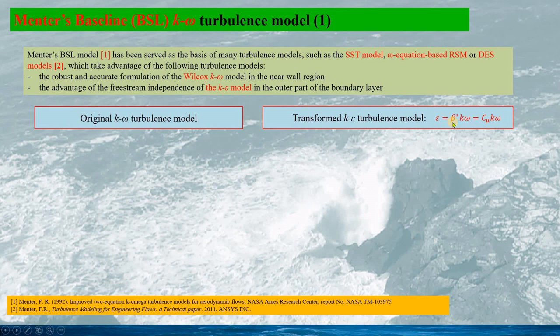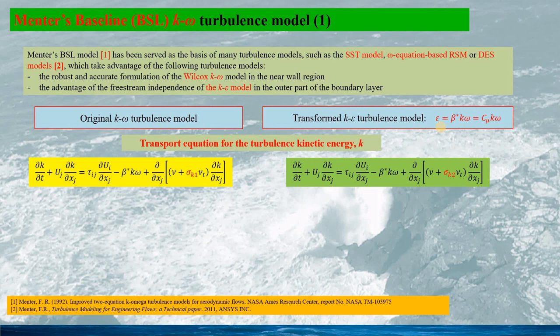Here the coefficients beta star or C mu are both 0.09, as we have seen in the standard K-epsilon model. The transport equations for the turbulence kinetic energy K are the same for both turbulence models. The only difference is the coefficients sigma K1 and sigma K2.